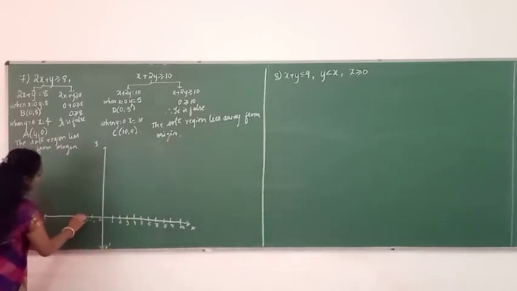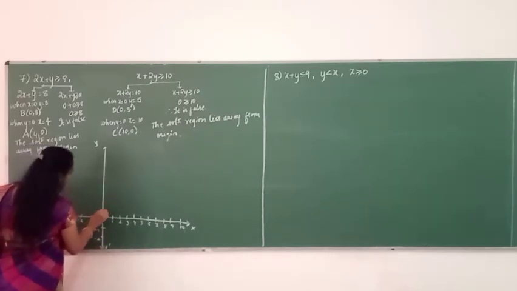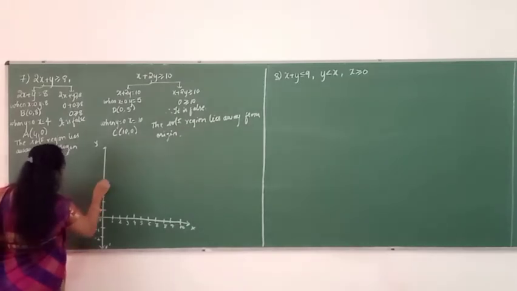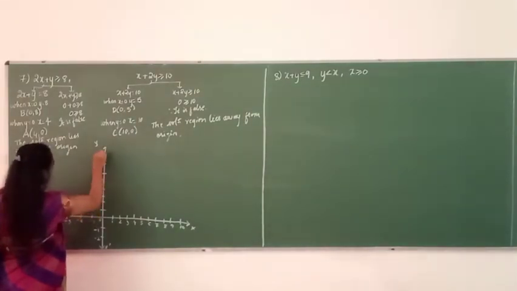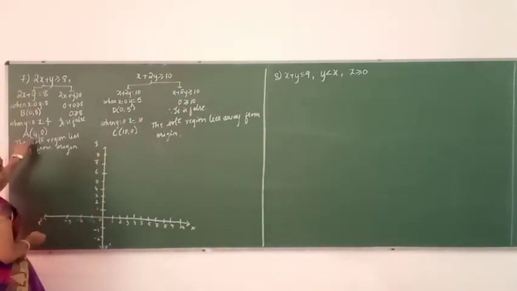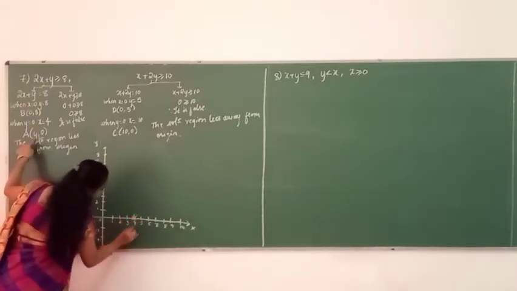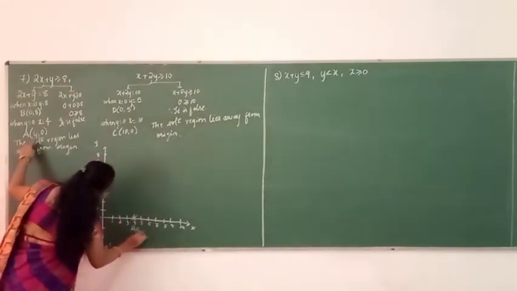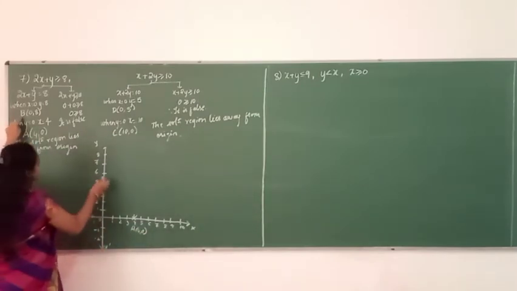Mark minus 1, minus 2, minus 3 and then 1, 2, 3, 4, 5, 6, 7 and 8 on the y-axis. Now check the first inequality. Here A is 4, 0, the first coordinate point, and B is 0, 8.